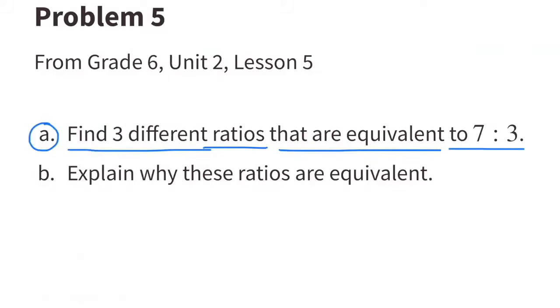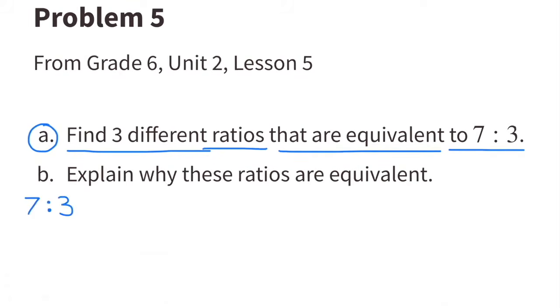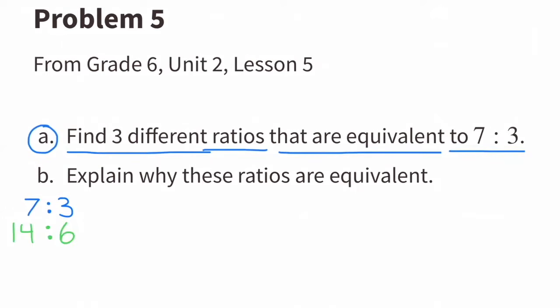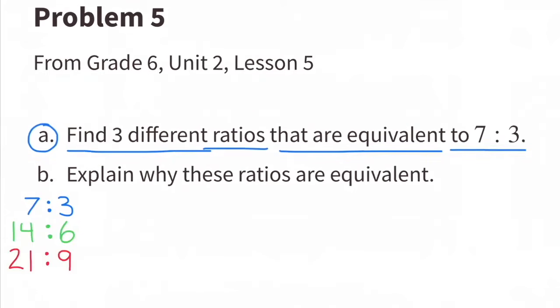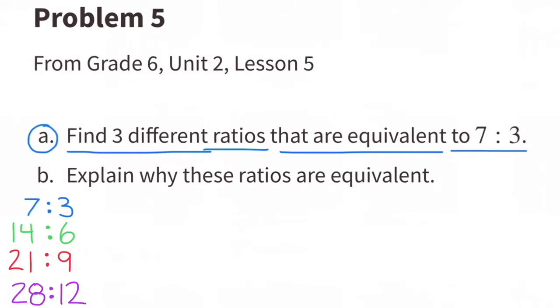Number 5. A. Find 3 different ratios that are equivalent to 7 to 3. A ratio of 7 to 3 is equivalent to a ratio of 14 to 6, 21 to 9, and 28 to 12.